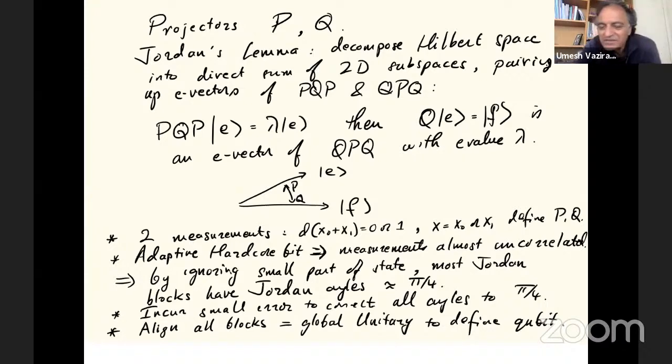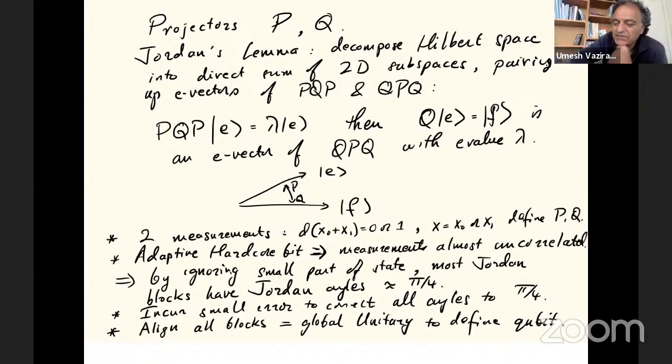To see this, if E is an eigenvector of PQP with eigenvalue lambda, then Q times E, which is F, which is in the Q space, is an eigenvector of QPQ with the same eigenvalue lambda.